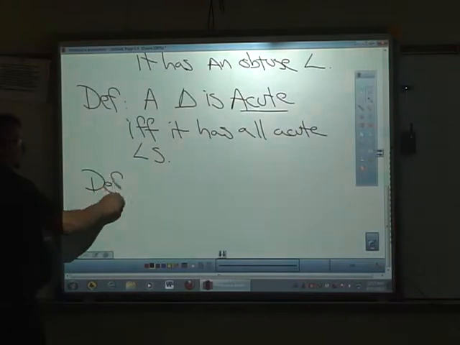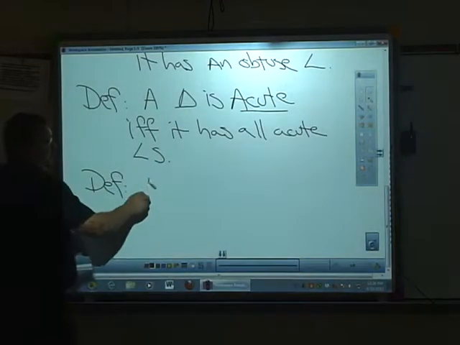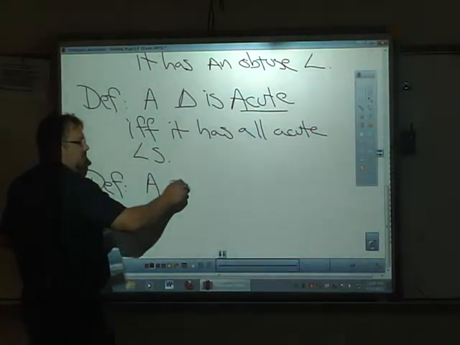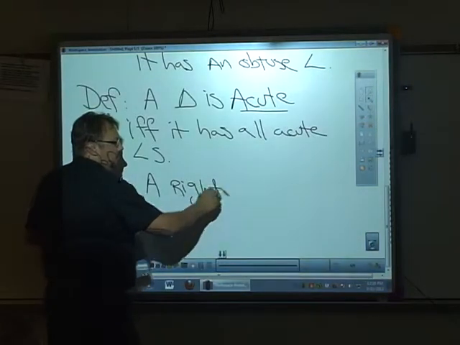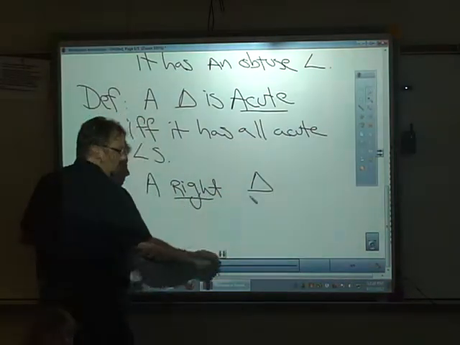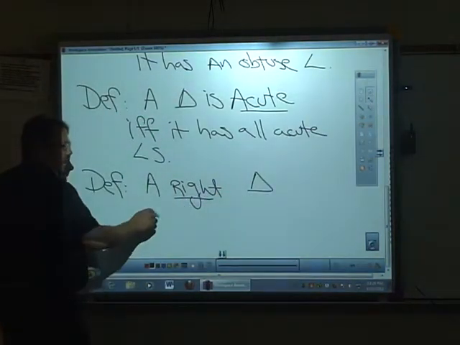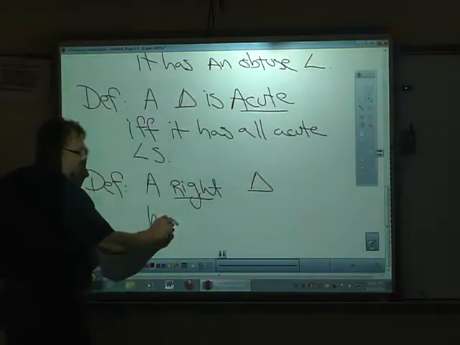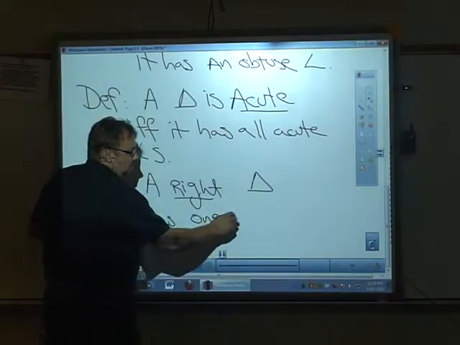Another kind of triangle that we've already talked about briefly is a right triangle. And a right triangle has one right angle.